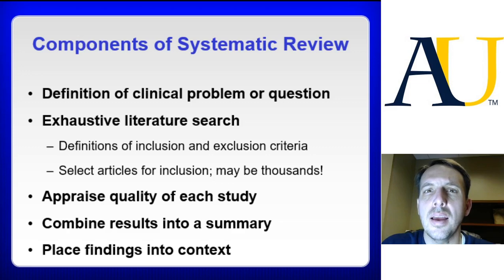So this is exactly the same process now that we're going through in step 4. You see in step 1, the clinical problems there. Step 2, the exhaustive literature search. Step 3, the appraisal, and then 4, combining the results into a summary and placing those findings into context.